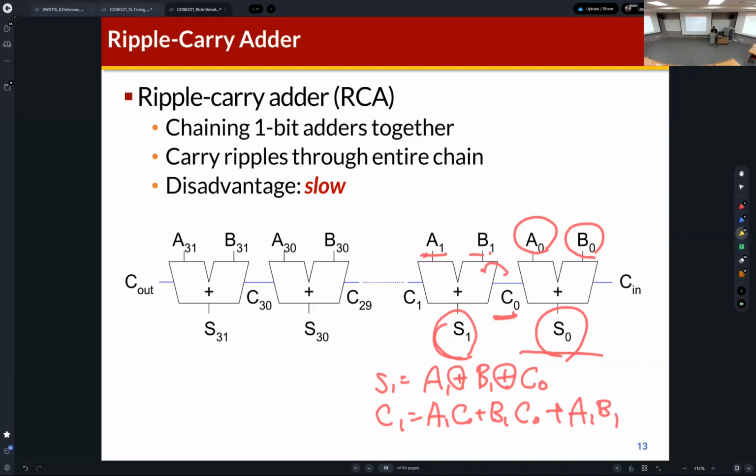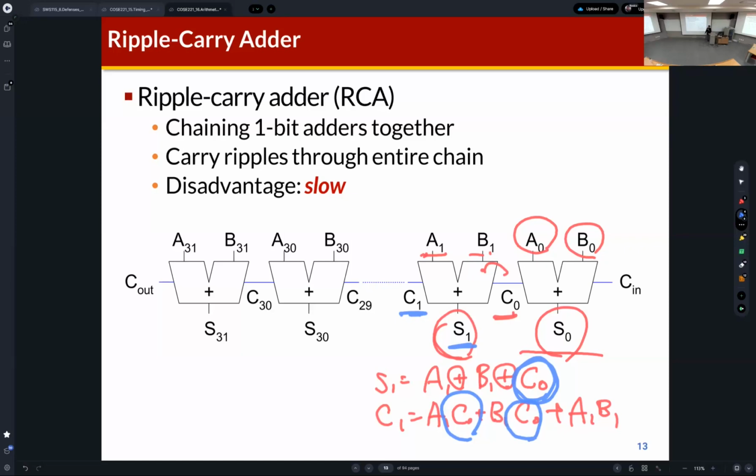So we can observe that in order to generate S1 and C1, we require C0. So the carry is generated and propagated to the next digit.